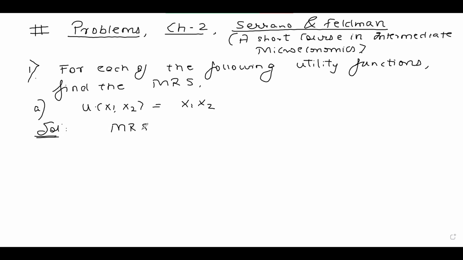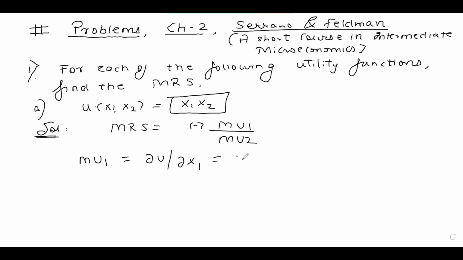MRS is nothing but minus MU1 over MU2. What is MU1? Marginal utility of good one. How do we find it? Partial derivative of the utility function with respect to x1. If I partially differentiate this with respect to x1, I get x2. What is MU2? It's the partial derivative of the utility function with respect to x2.